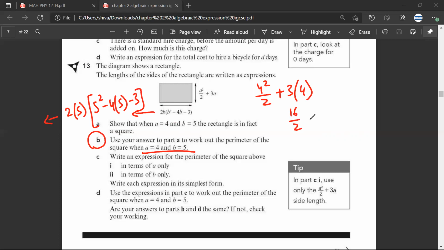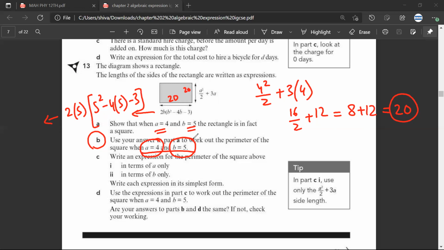Sir, I haven't completed it. Sarthak, have you done? So I got 20. And what was your B equal to? For B, again I got the same because it's a square. It would be the same. So this would be 20, this would be 20. This is the same as part 1.